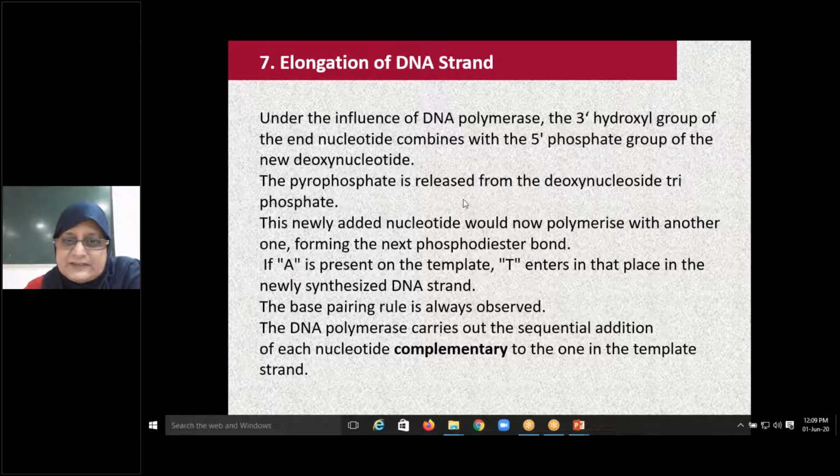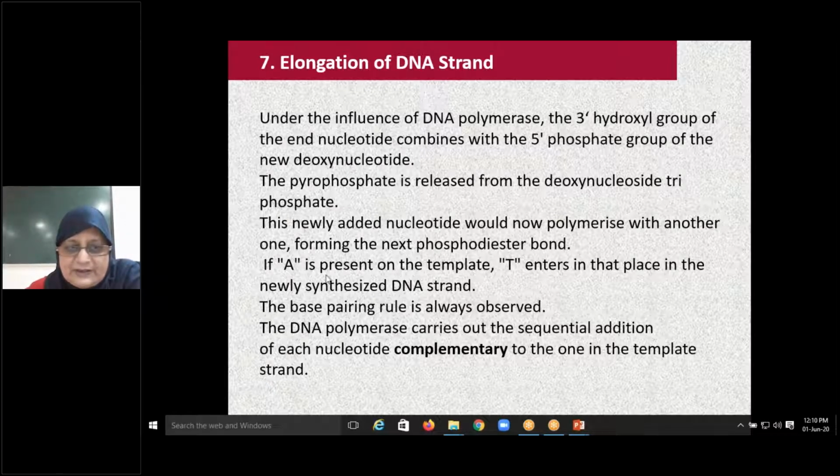The pyrophosphate is released when these deoxynucleotides are added from the triphosphate. This newly added nucleotide will then polymerize with another one, forming the next phosphodiester bond. So every time, DNA polymerase goes on adding deoxyribonucleotides, releasing a pyrophosphate and forming phosphodiester bonds between the 3' hydroxyl group of the last nucleotide and the 5' group of the new nucleotide.